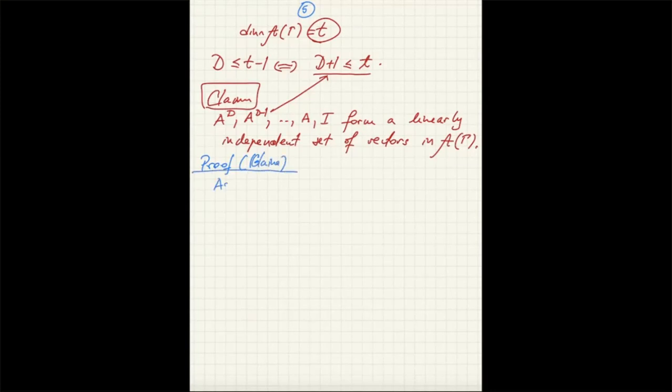Well, let's assume that there is a linear combination.